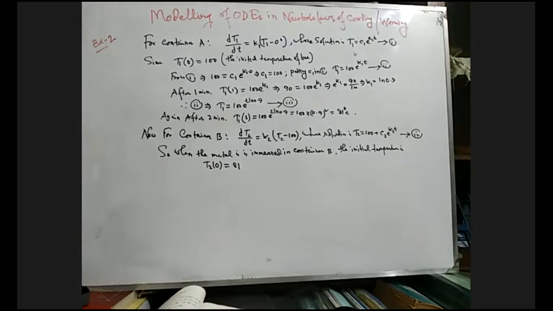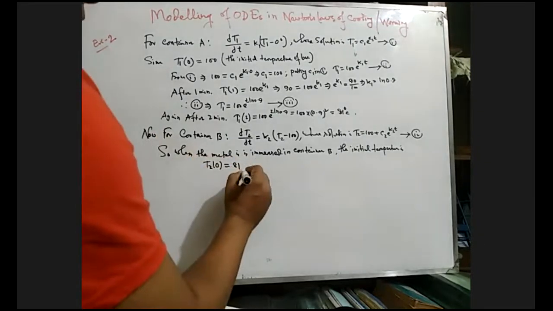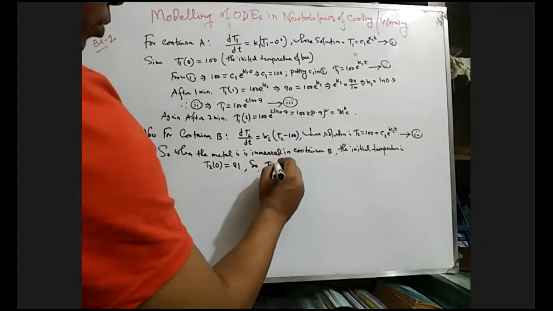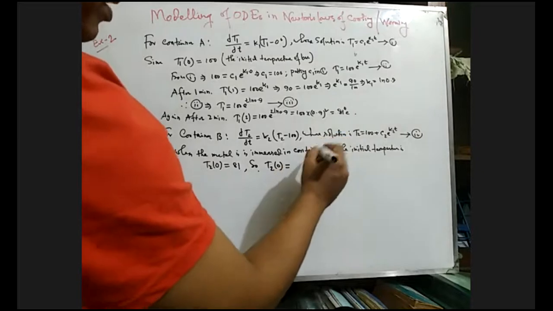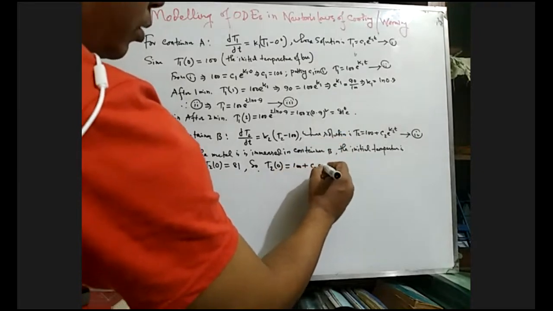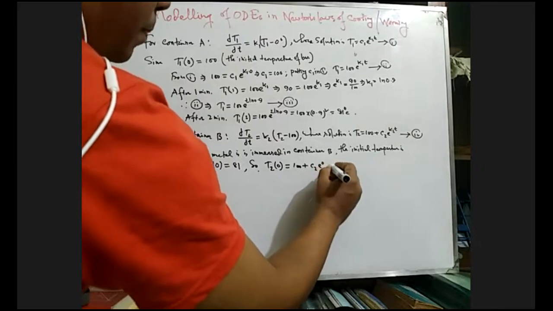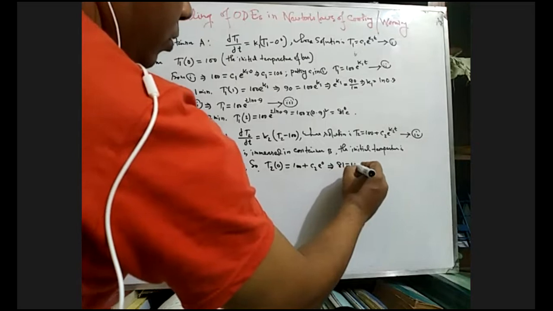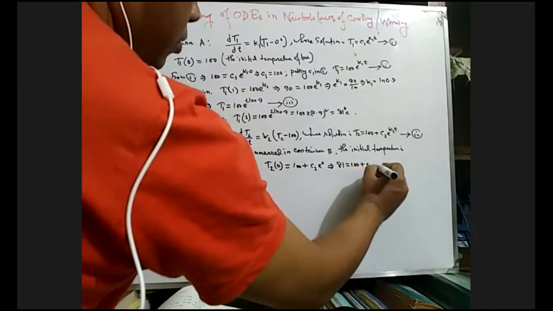So T2(0) equals 100 plus C2 e to the power 0, which implies 81 equals 100 plus C2.